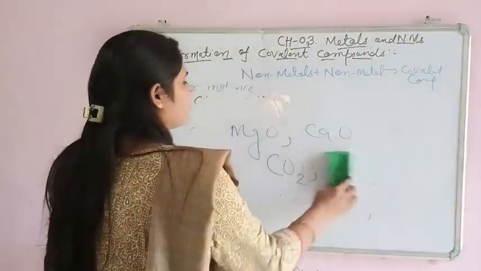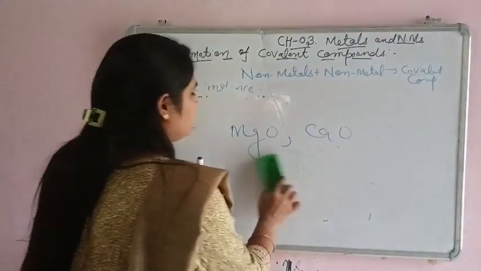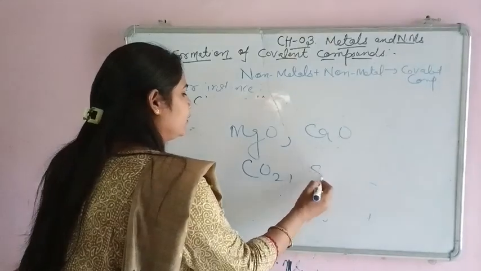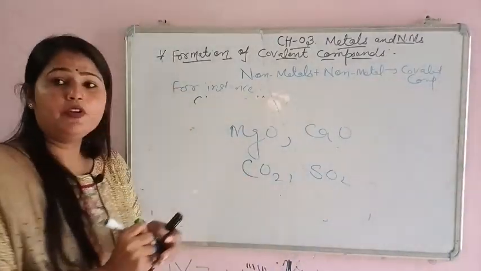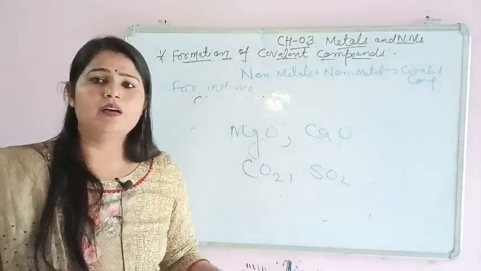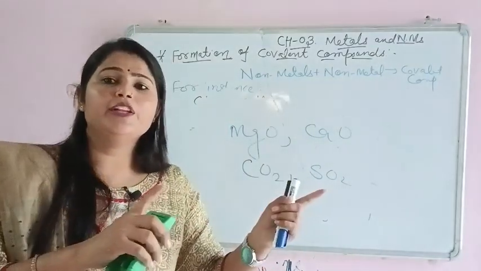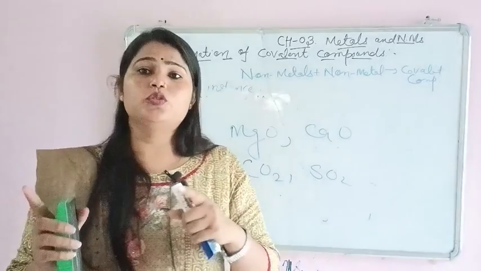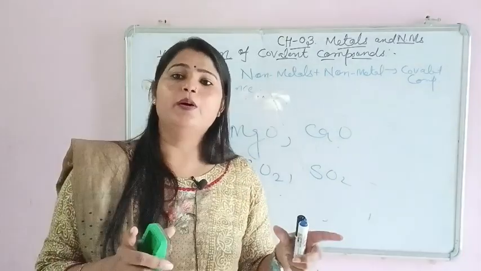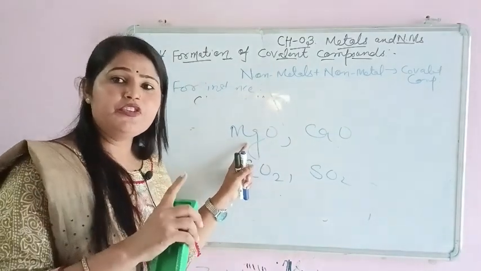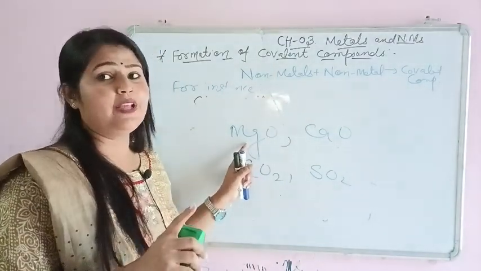Can you identify how many of these compounds are covalent and ionic? First, if the compound contains one element that is a metal and another element that is a non-metal, that is an ionic compound. In this example we can see that one magnesium and oxygen atom is present.